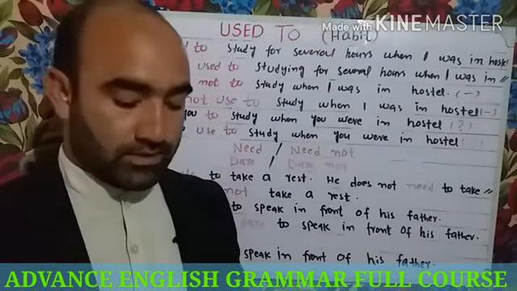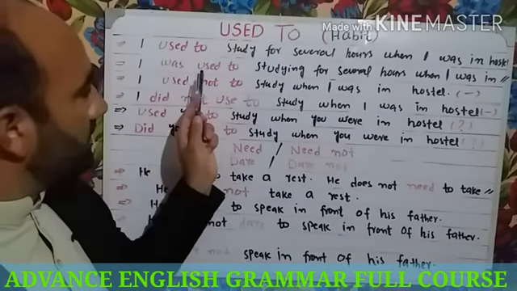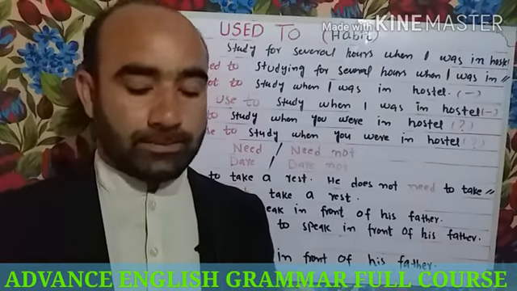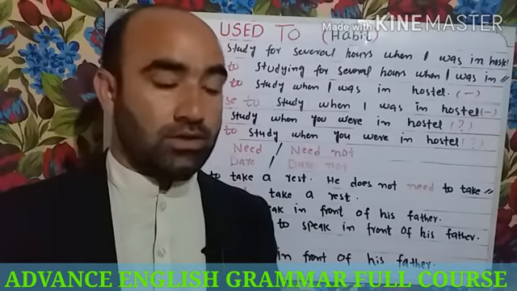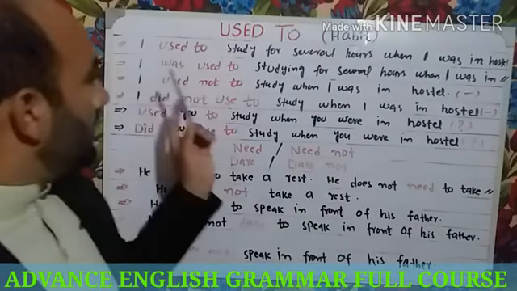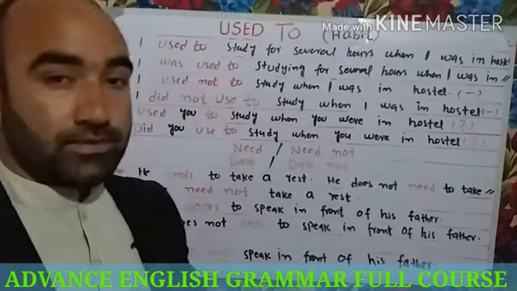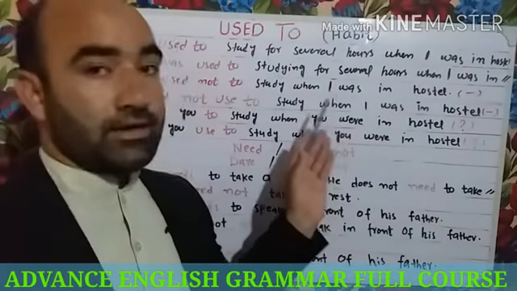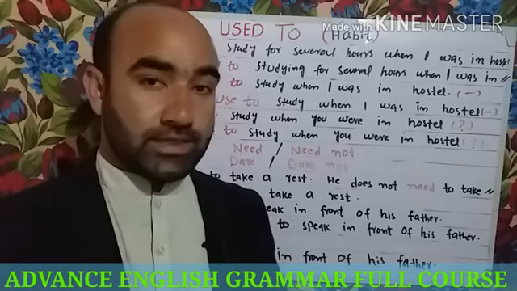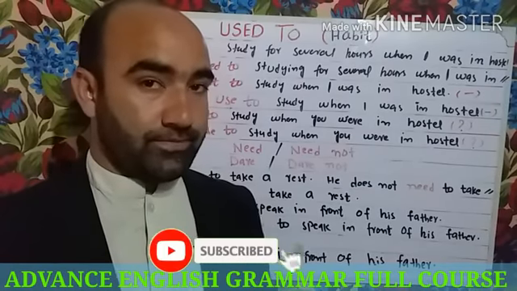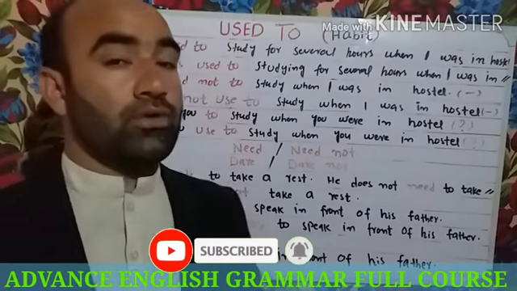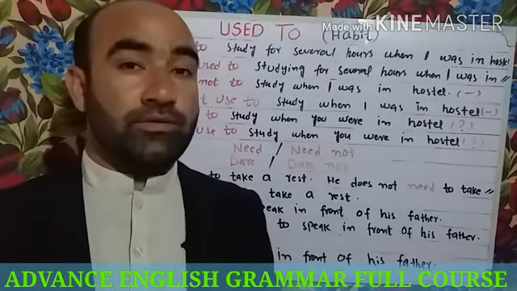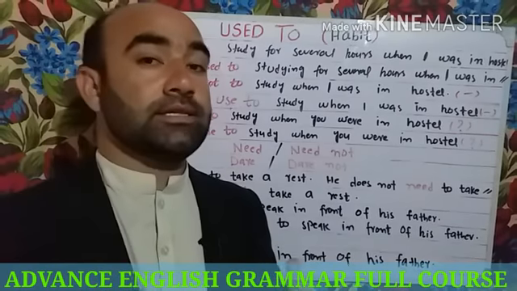Now, one thing you have to keep in mind: whenever be verbs are used before used to, be verbs, I mean is, am, are, was, were, like I was, they were, we were, you were, then the base form of the verb will take the ing form.